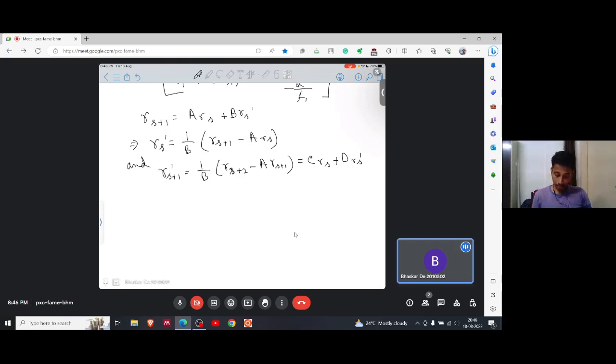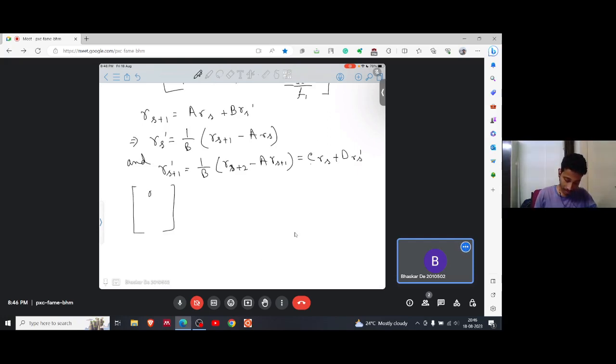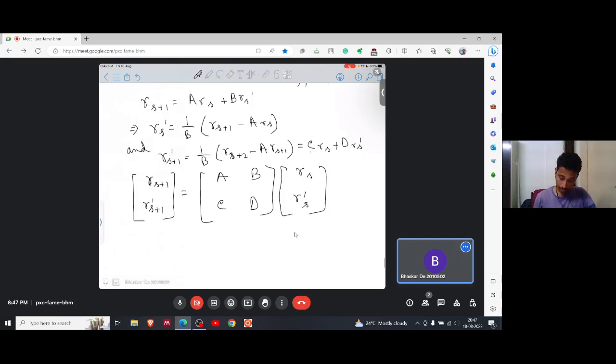Again this can be written in the form C r_s + D r_s', because we write it like this: [r_{s+1}, r_{s+1}'] equal to the ABCD matrix times [r_s, r_s']. So this is C r_s plus D r_s', and I have already written this one as this thing.